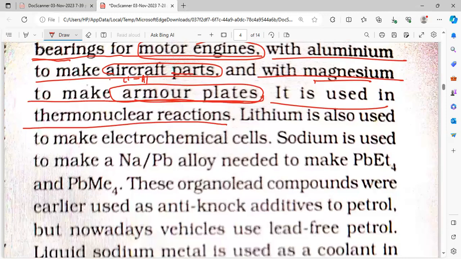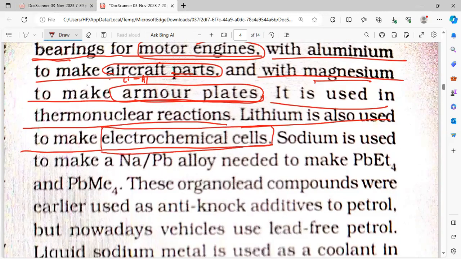Next, lithium is also used to make electrochemical cells. What is an electrochemical cell? This is a battery. Sodium is used to make the NaPb alloy needed to make PbEt4 and PbMe4. These are the catalysts.